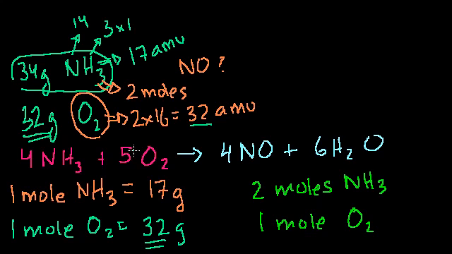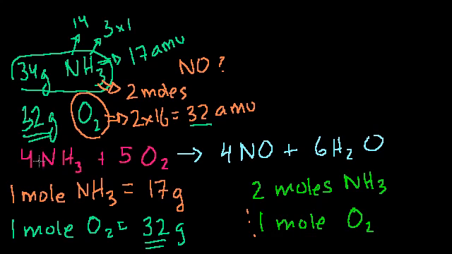Something doesn't gel here. Normally we need more moles of oxygen than ammonia, but here we've been given fewer moles of oxygen than ammonia. We've been given less oxygen than we need for all of this ammonia.